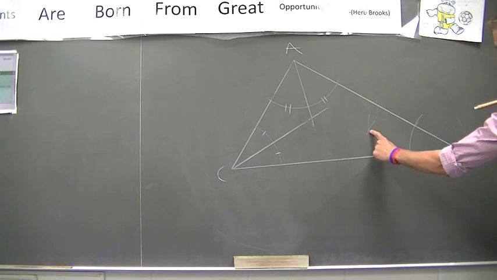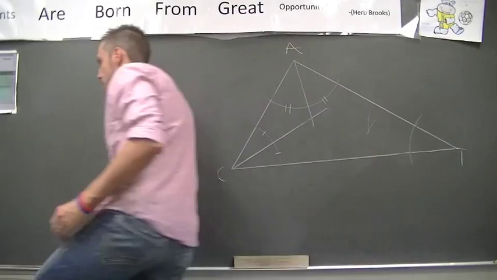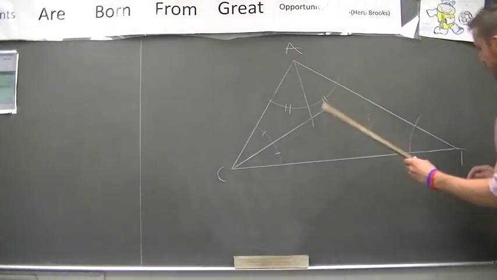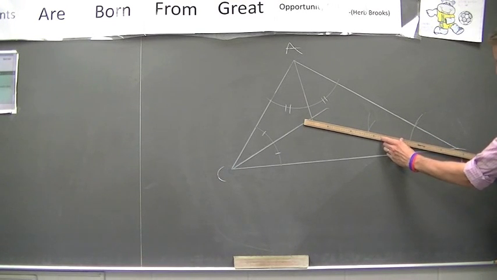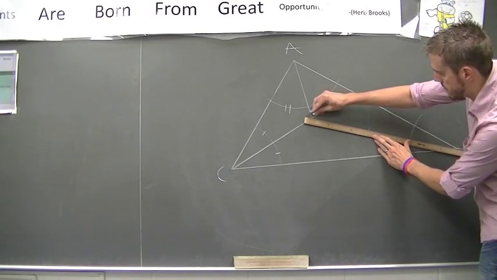So I have my intersection here, and eyeballing it, it comes pretty close. So from angle T through the intersection, that's pretty good.